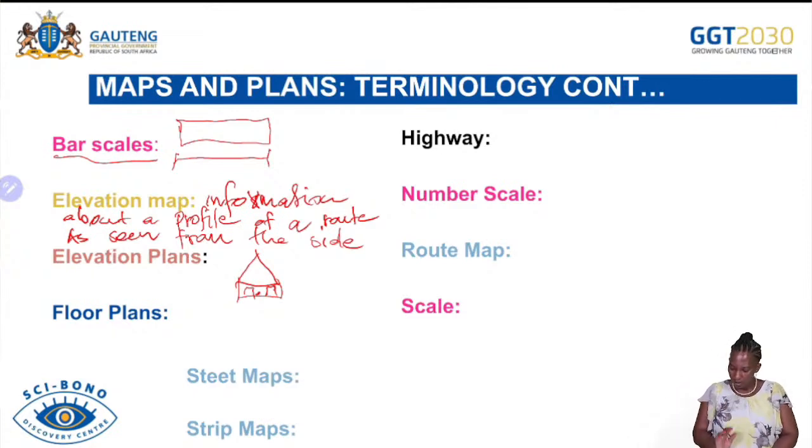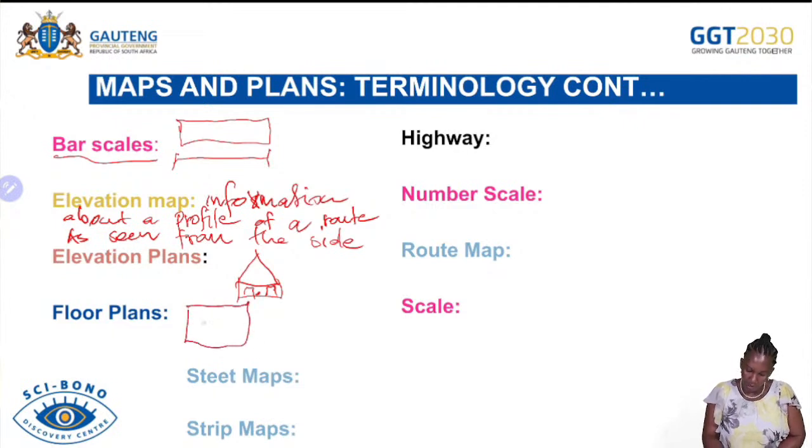Now, when it comes to the floor plan, what do you see? Remember, with the floor plan, we only focus on the dimensions inside because it's an aerial view. We view the house from the inside. We say this is our bedroom 1. For example, it will be B1, B2, and then kitchen, and then a toilet if there is a toilet.